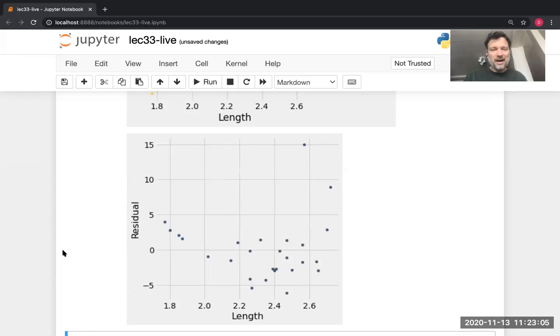The residual plot, is there a trend here? I think there's not a linear trend, but there's a very clear pattern that it's kind of bowl-shaped, isn't it? It's kind of like large on the left side, then it takes a dip in the middle, and then it kind of goes up again once you get to the far right.